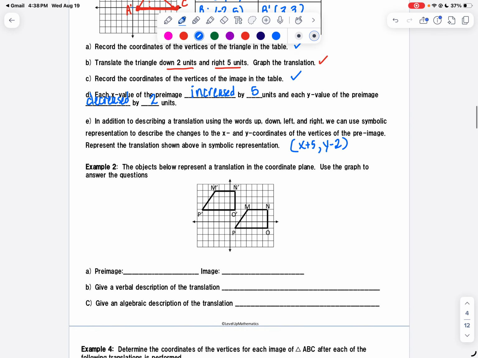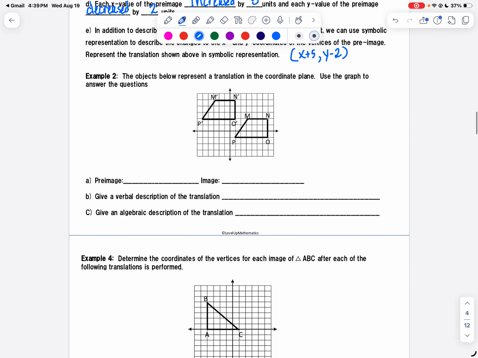All right. Example 2. The objects below represent a translation in the coordinate plane. Use the graph to answer the questions. So in this problem, our pre-image is the shape M, N, O, P. In other words, this shape was the original, and it's very important on a graph that you can identify the original shape and the new shape.